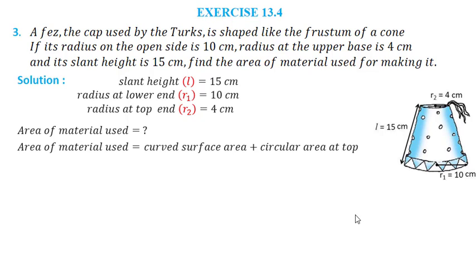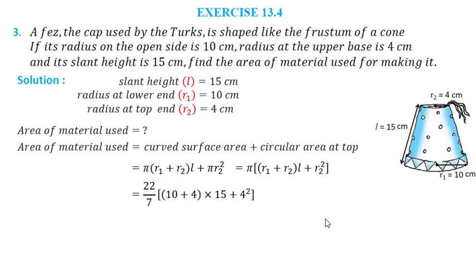This will give me pi into r1 plus r2 into L plus area at top, circular area at top is pi r2 square. Now I can take pi common, and in bracket I have r1 plus r2 into L plus r2 square. Let us put the value of pi as 22 upon 7. Now in bracket I have 10 plus 4 into L is 15, so into 15 plus r2 square, that is 4 square.